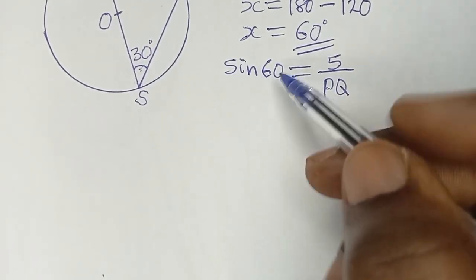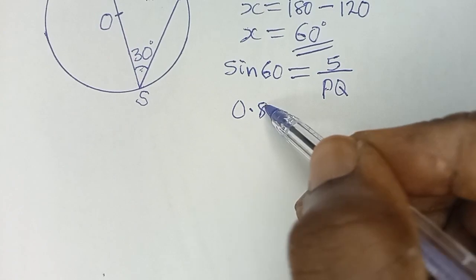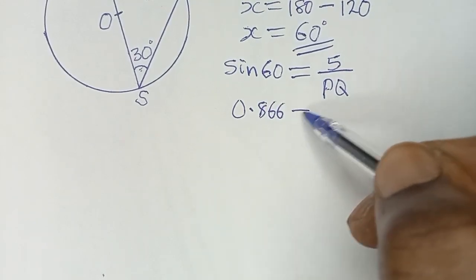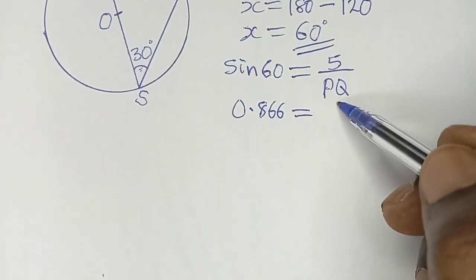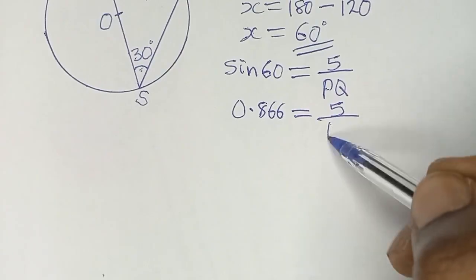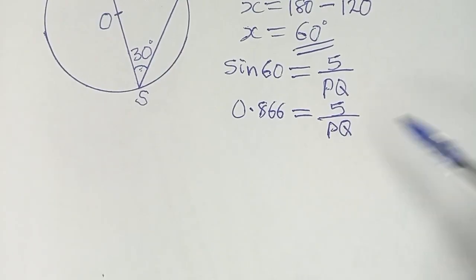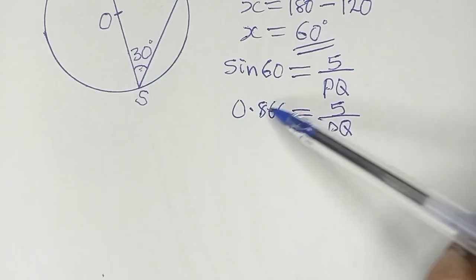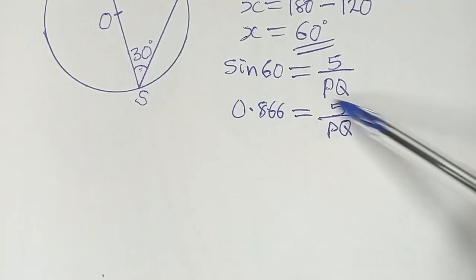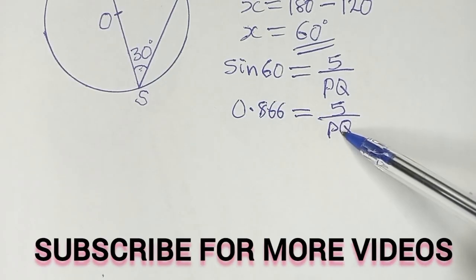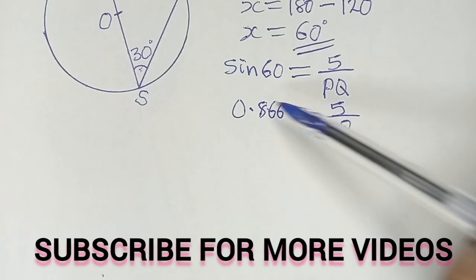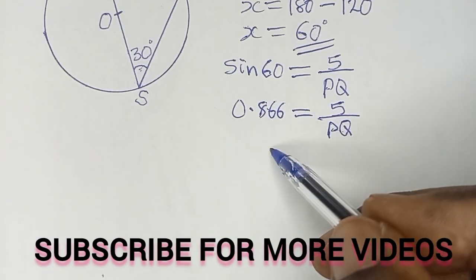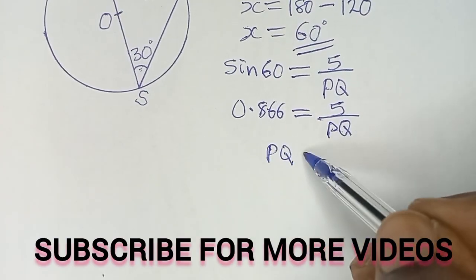Sine 60 is 0.866. From our calculator, we can get that. And then we have 5 over PQ. Now, I can simply interchange the position of PQ and this side. When you have a simple equation like this, to find what is here, simply interchange the values. That is a simple trick to make PQ the subject of the formula.